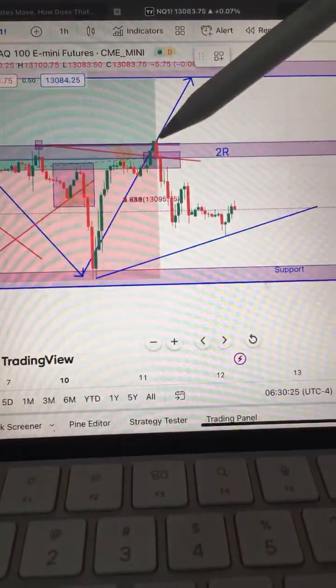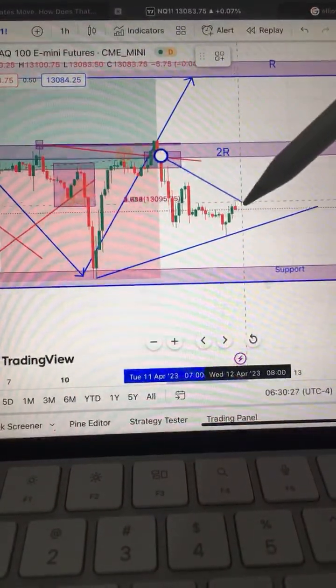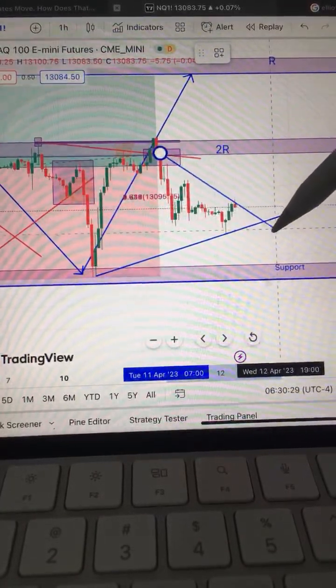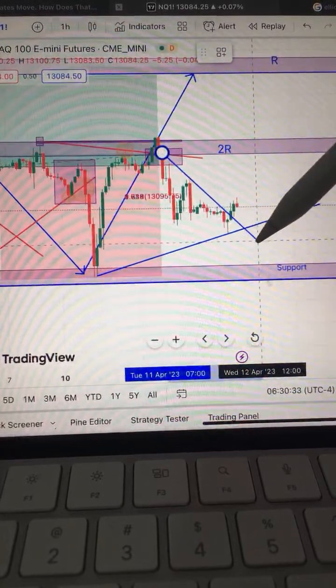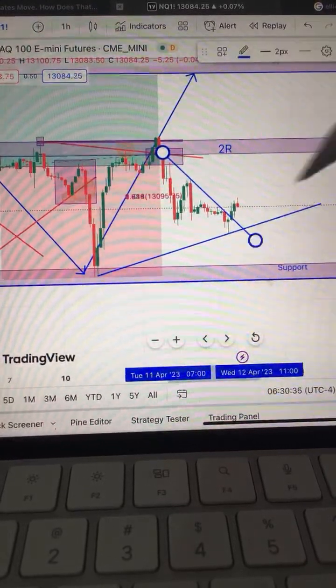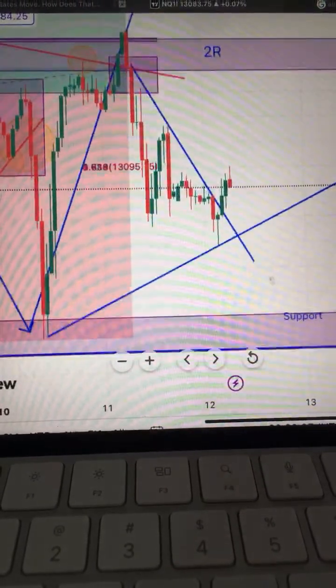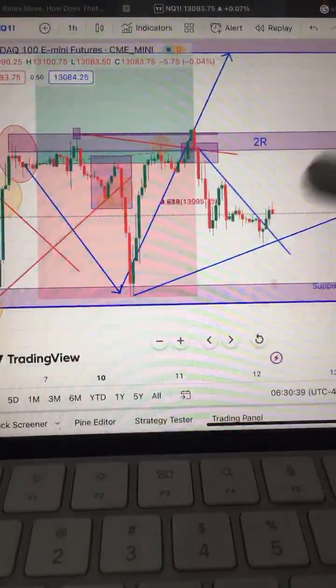From my resistance, I have my touch 1. I did use this as my touch 2, so when I use it as my touch 2, this is what it gives me.